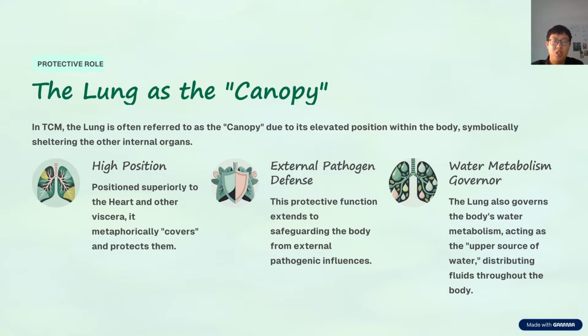That's why in Chinese medicine we describe the lung as a canopy, because of its high position, external pathogen defense, and water metabolism governance. The canopy was originally the roof covering the emperor's carriage.